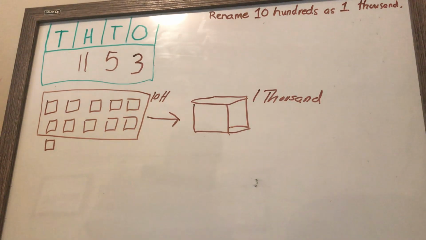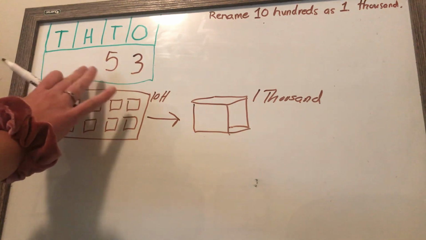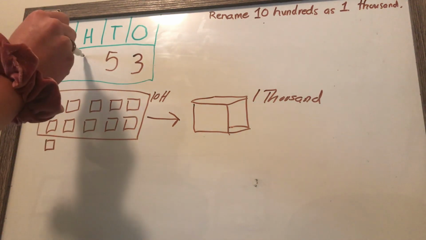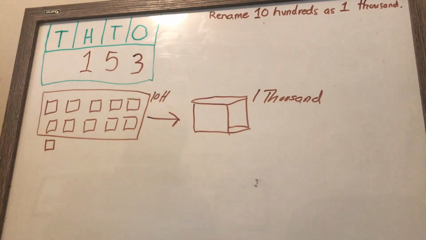How many hundreds do I have left over? Can you spot it? There we go. It's right here. We have 100 left over. So we need to erase this number right here and put the right amount of hundreds in. We have only 100 in our hundreds spot.